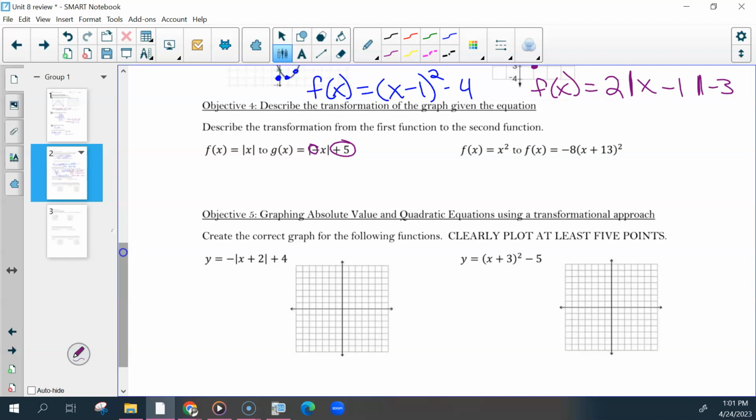It is horizontal. Correct. Vertical shift 1. So when you're doing your shifts, make sure you say whether it's vertical, horizontal, that it's a shift, what direction, and by how much.